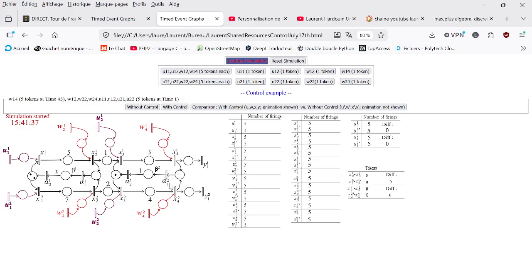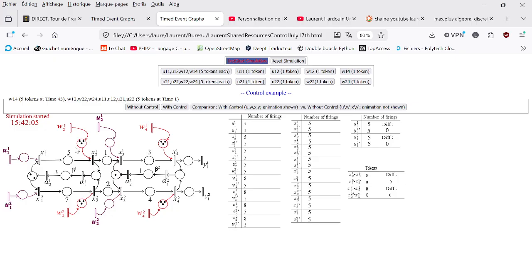So in this Petri-net, we have internal transitions denoted X, output transitions denoted Y, and input transitions denoted U and W. The red ones, the W, are input transitions which are assumed to be known, but you can't control the firing.